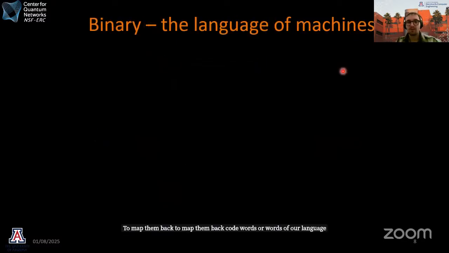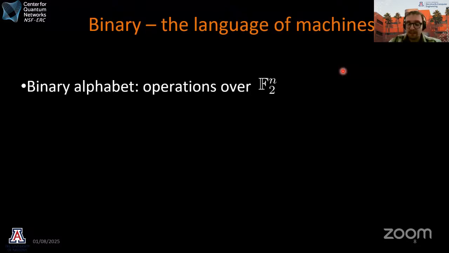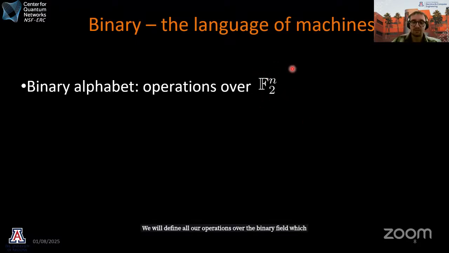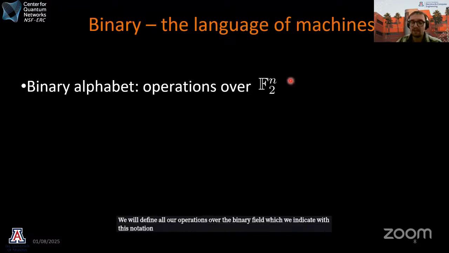Okay, so of course, computers don't talk English. They speak the binary language, so they talk using zeros and ones. And so we will define all our operations over the binary field, which we indicate with this notation F2^n.